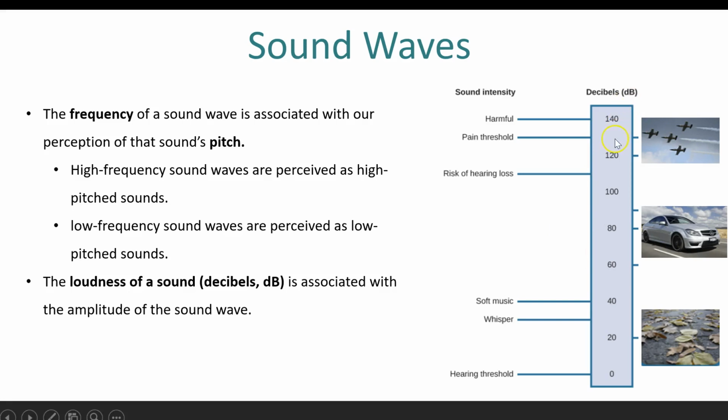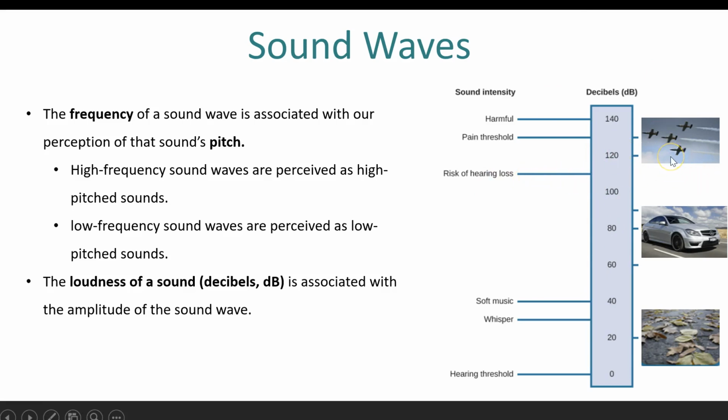So here you can see the measures of decibels. Soft music or a whisper is about 40 decibels. Intermediate, like hearing a car or the normal sound of me speaking, is around 60 to 80 decibels. And then as we move up in decibels, around 100, 120, or 140, we have the risk of hearing loss.